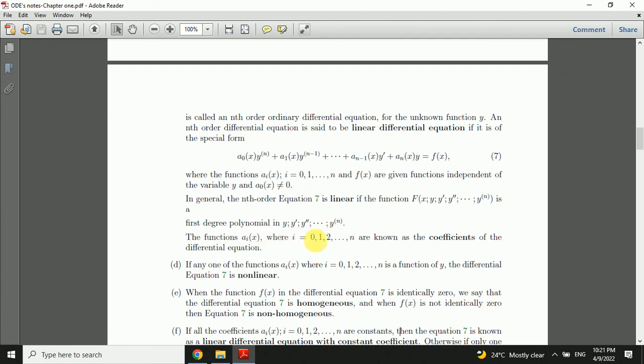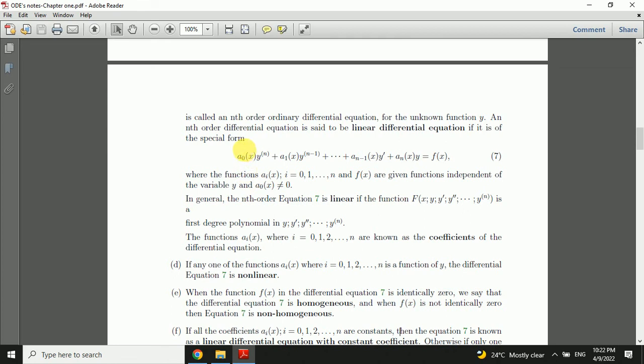Now I think I've already said that the functions ai of x, where i is from 0, 1 up to n, these are the terms a0 of x, a1 of x, and so on, up to an of x. You look at the index on a, it starts from 0 up to n. That's why I'm having i from 0, 1 up to n. These functions ai of x are known as the coefficients of the differential equation.